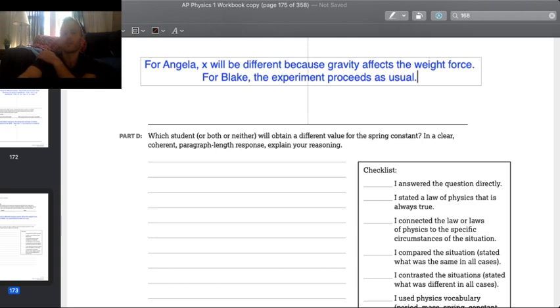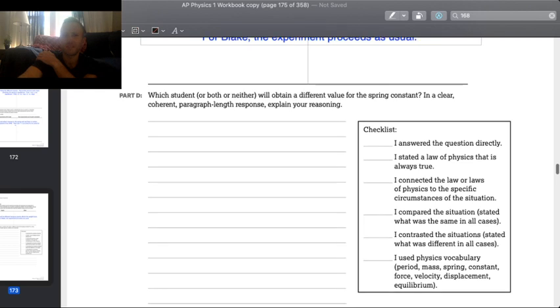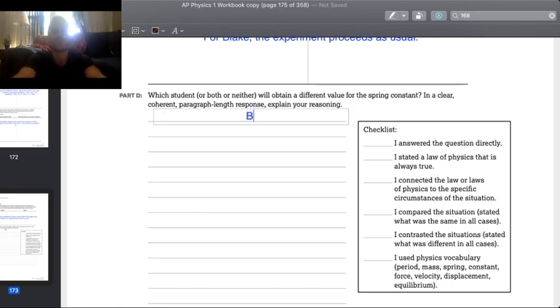Which student will obtain a different value for the spring constant? Okay, so both students should get the same answer.